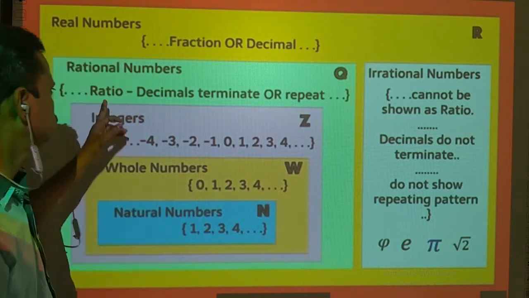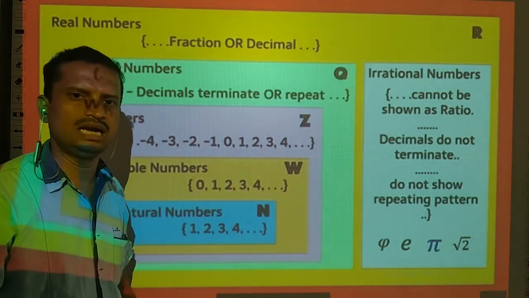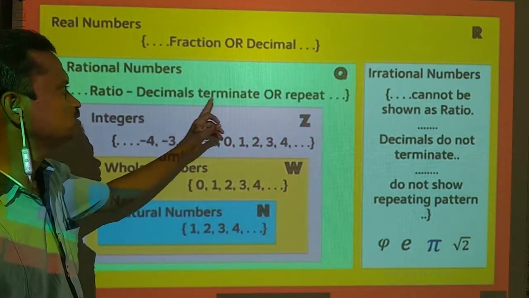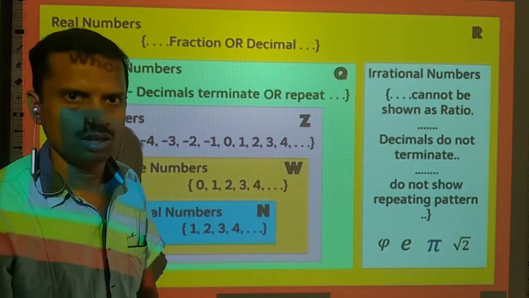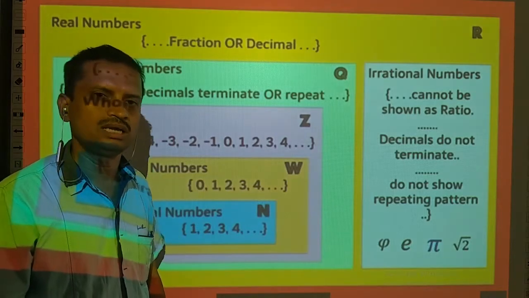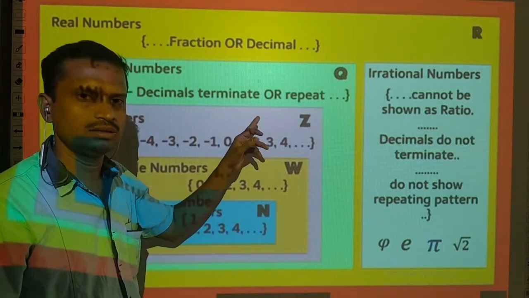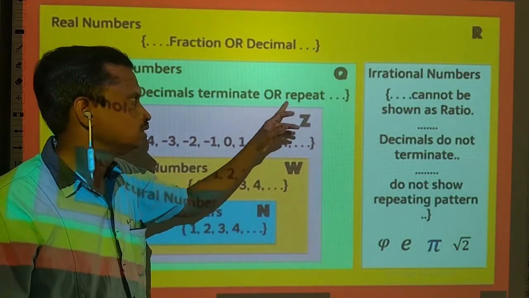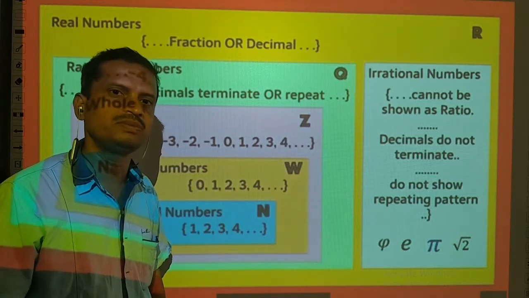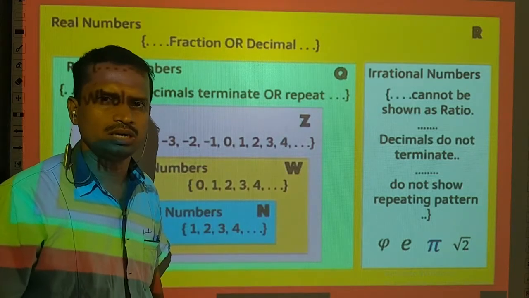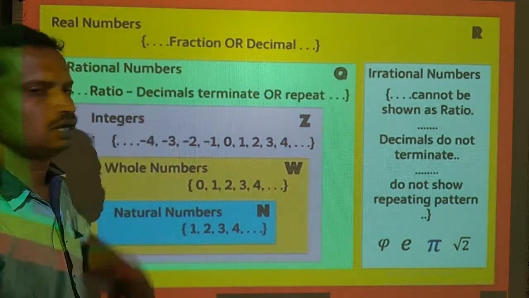So from the root word ratio, you get rational numbers. In decimal expansion, rational numbers will terminate or repeat in the decimal part. Terminate means it ends, and non-terminating means it will repeat.